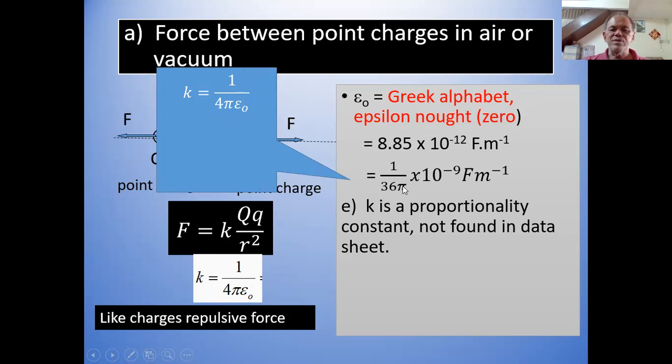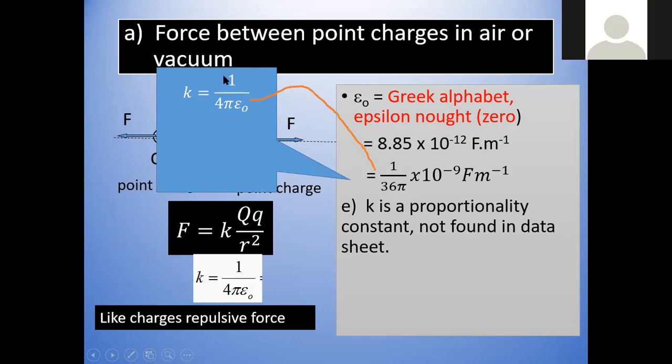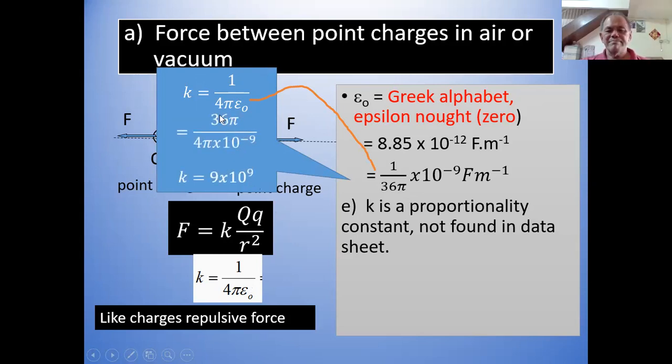Then we can put the value of epsilon naught inside here. So the 36 pi becomes on top, and 10 to the power minus 9 is here. So cancel that, you get 9 times 10 to the power 9. If you want, you can remember that. If not, go to the formula sheet and use that. More tedious.